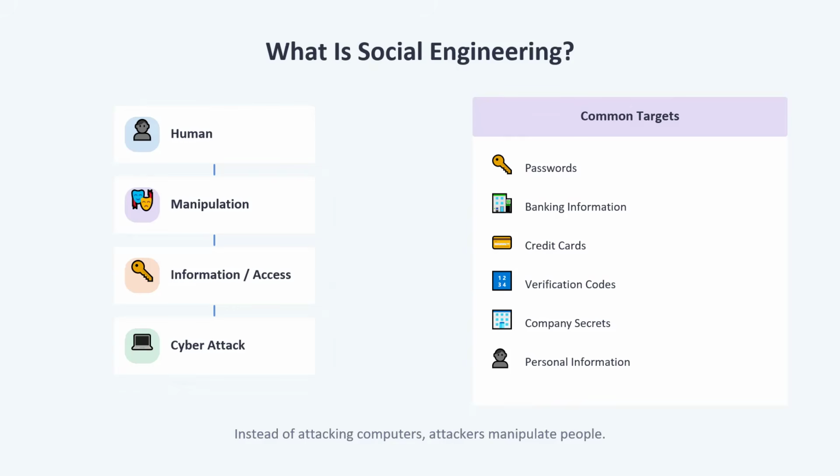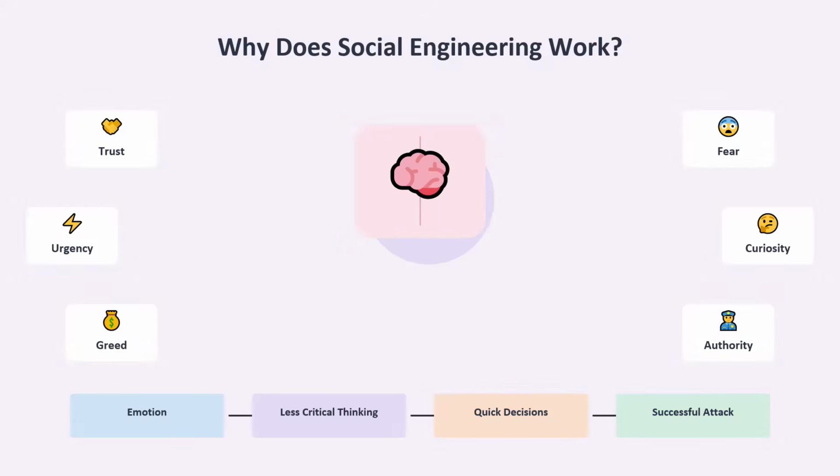Or they may simply use it to install malware, or get access to your buildings to steal your couriers or even your apartment for stealing valuables and things like that. But at the core, social engineering isn't really about any technology. It's more based on the psychology of a human.